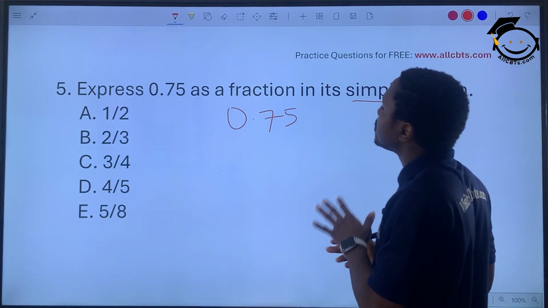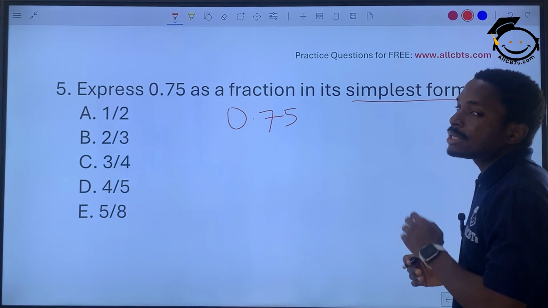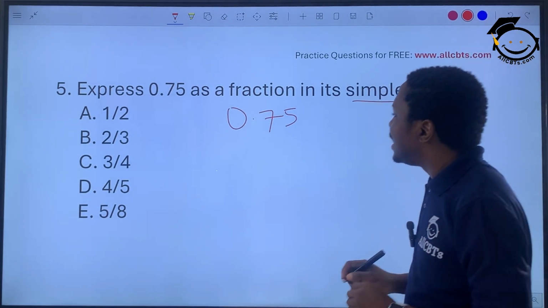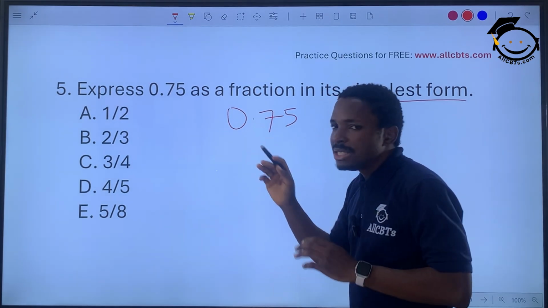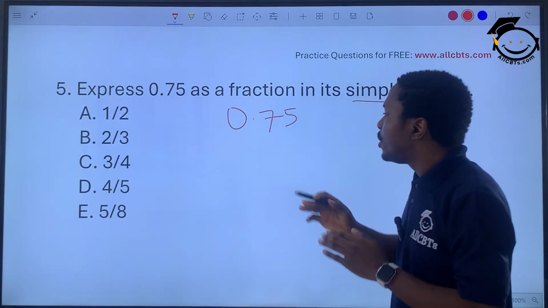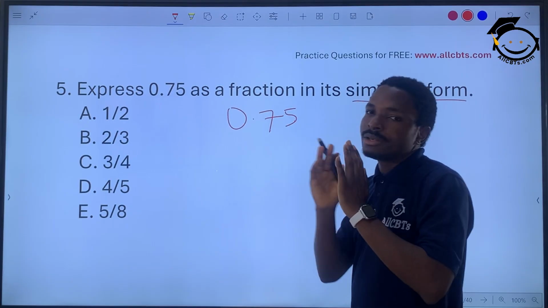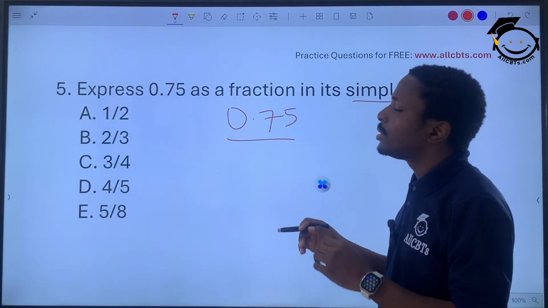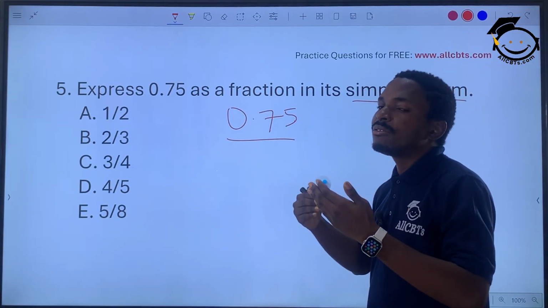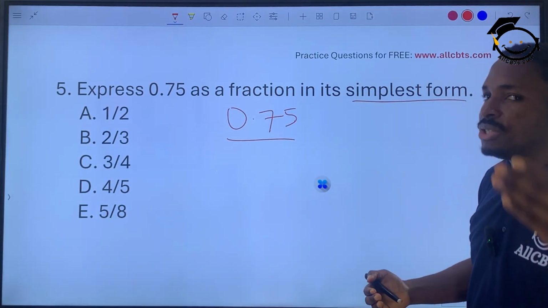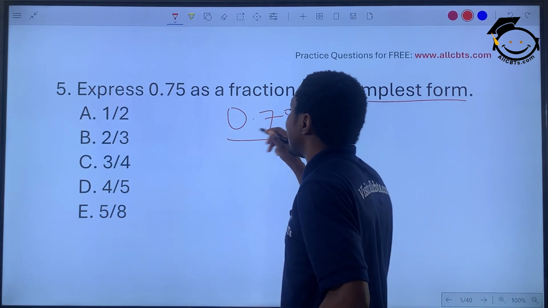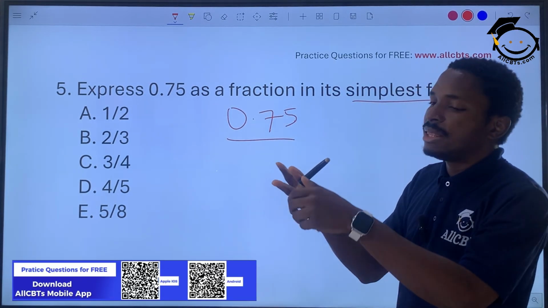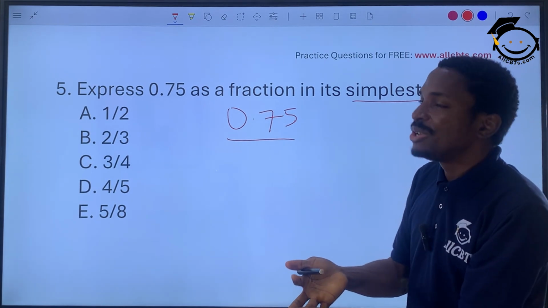Alright, so express 0.75 as a fraction in its simplest form. Now, the simplest way to do this is you count how many digits are there. 1, 2. In this decimal, we have 2 digits. So now you have to put it in the 100 place, because those digits stand for tens and units.